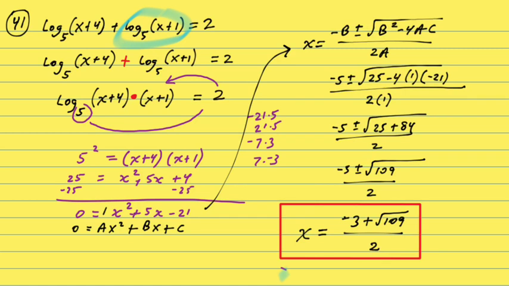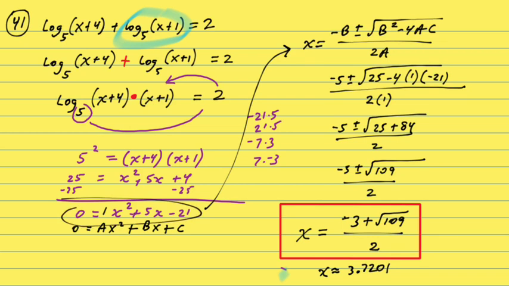So this is, let's figure out as a decimal, negative 3 plus square root 109. Take that value, divide it by 2, and that gives me x equaling approximately 3.7201. I'll verify graphically now by graphing this parabola.